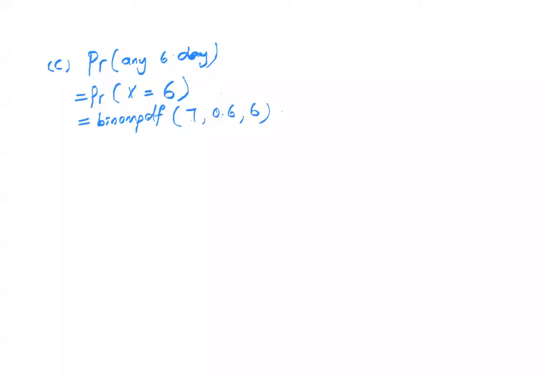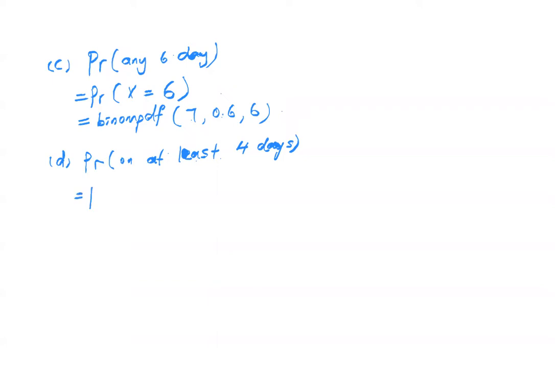Let's go to part D. This one is very important. Probability of at least 4 days. When you have the word at least, it means minimum, correct?